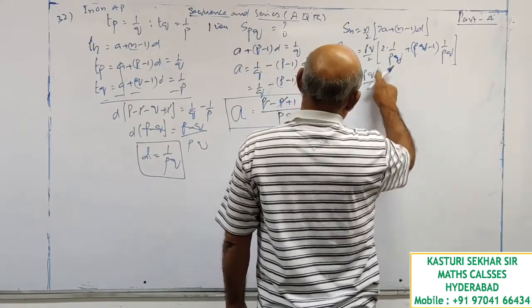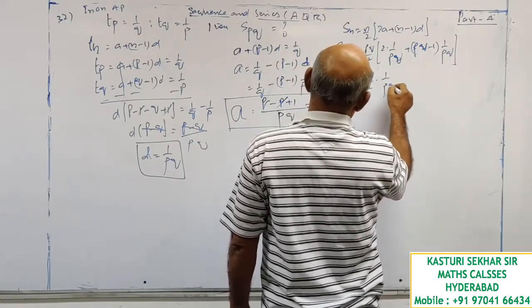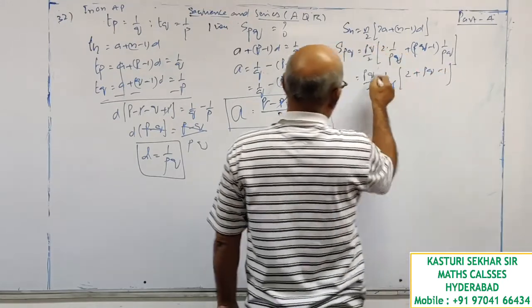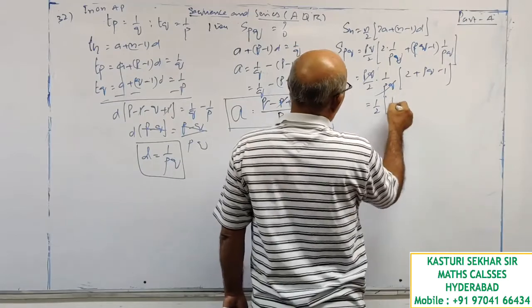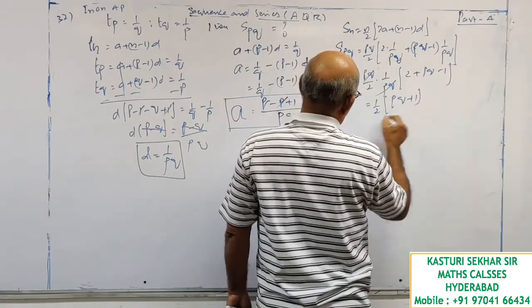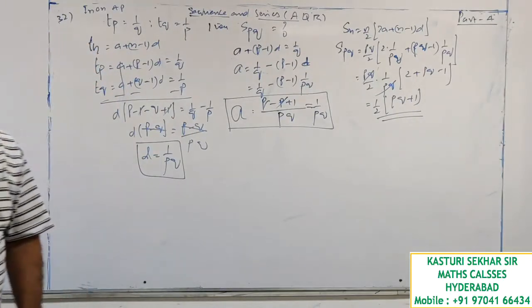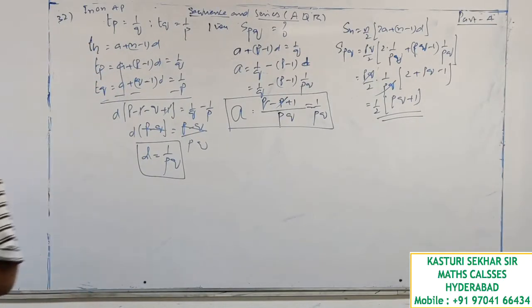I can take 1 by pq as common. 2 plus pq minus 1, pq plus 1. So this is S of pq is equal to 1 by 2 into pq plus 1.